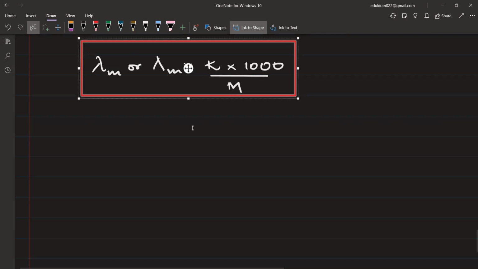Now, factors affecting molar conductance.